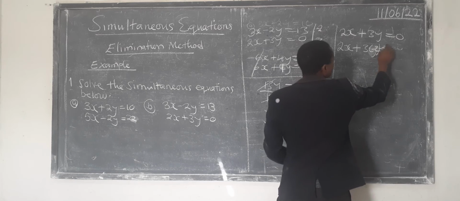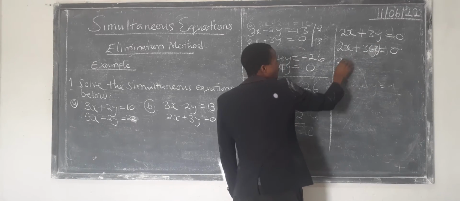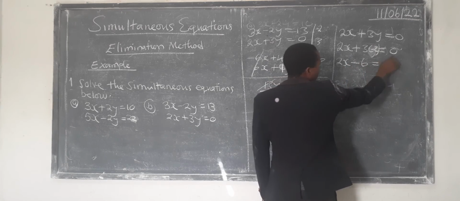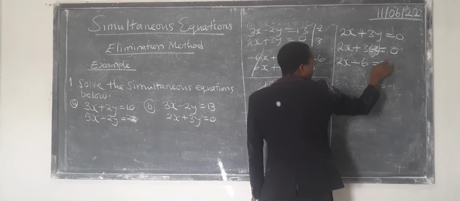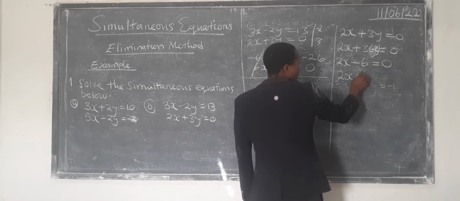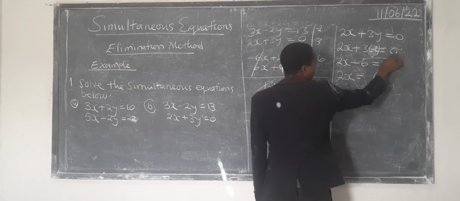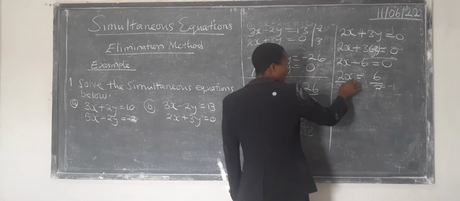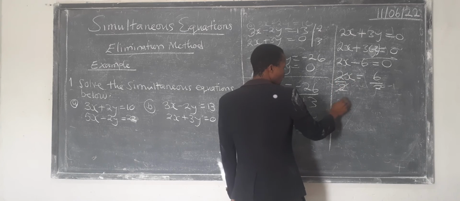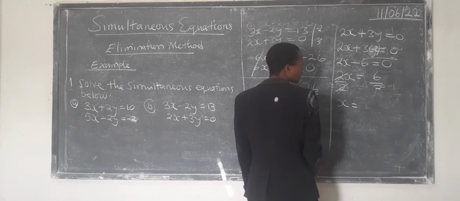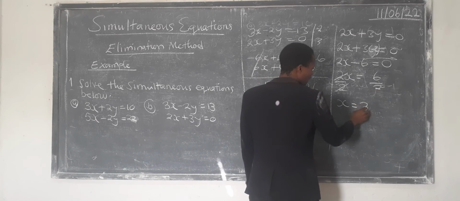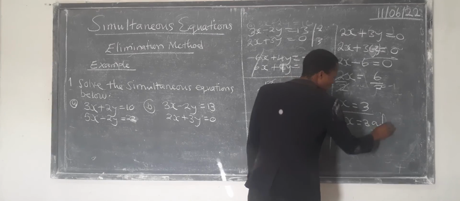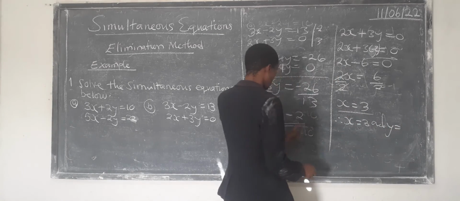So 2x plus 3 times negative 2, which is negative 6, is equal to 0. Group like terms, so 2x is equal to positive 6. Then we divide by 2 on both sides, and x is equal to 3. So therefore, x is equal to 3 and y is equal to negative 2.